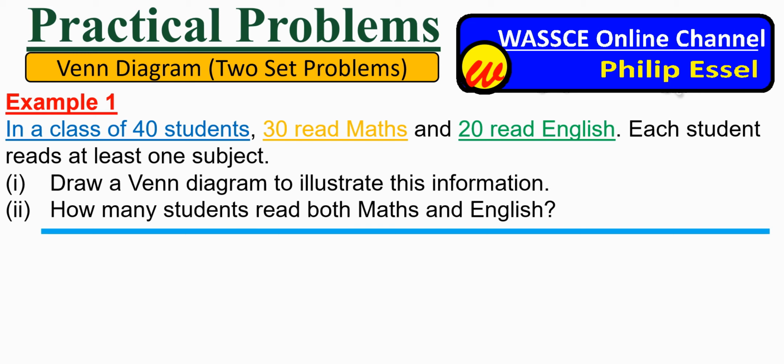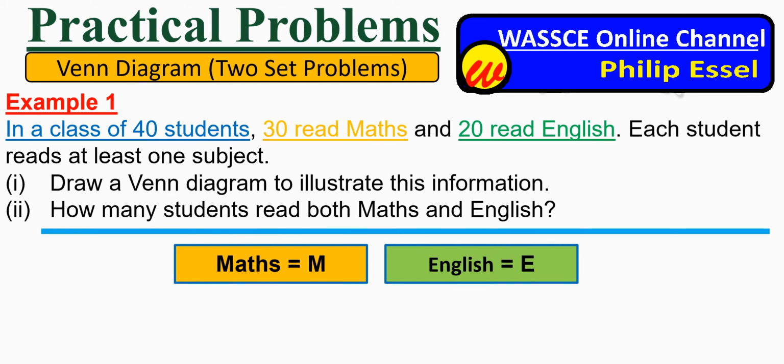So what we're going to do is this: we are going to represent mathematics by capital M and English by capital E. Again, we are told that the total number of students in that class is 40. Remember, total number will be represented by the universal set. So let's write that information down. So n(universal) equals 40 would represent the total number of students in the class.